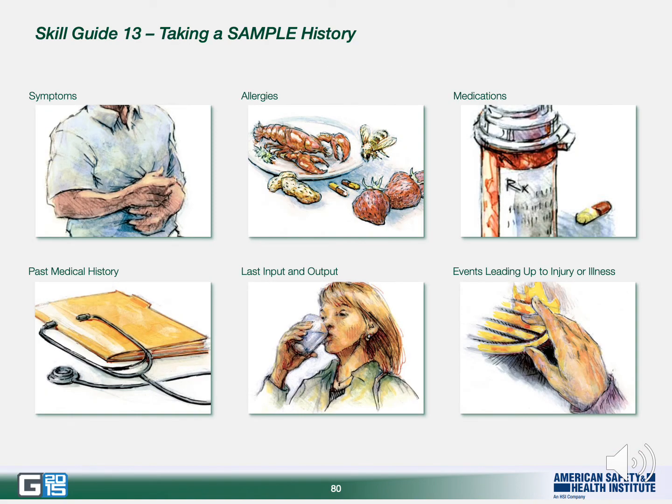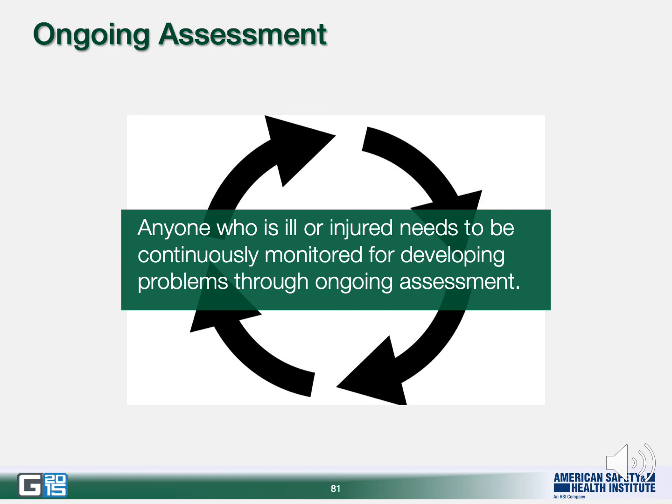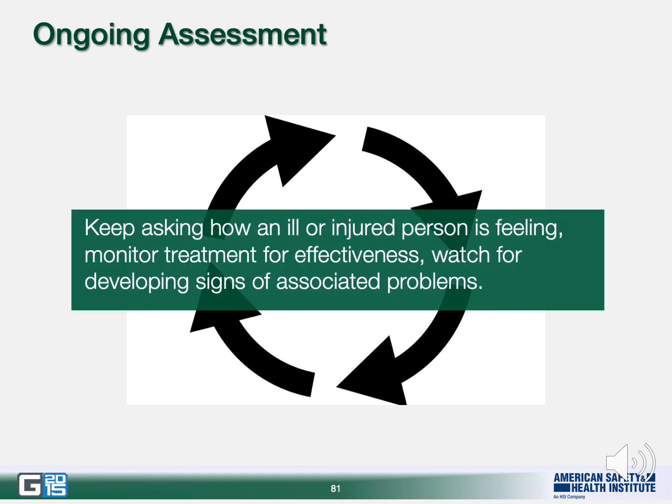Ongoing assessment. You're going to keep doing assessments at a regular interval. So you need to continually monitor them and assess, keep asking them how they're feeling, and monitor treatment for effectiveness.